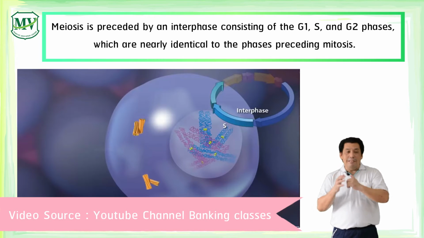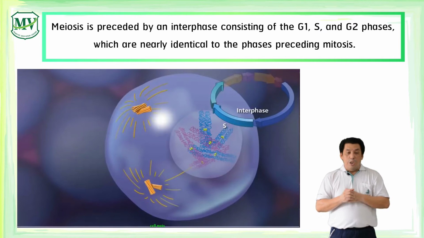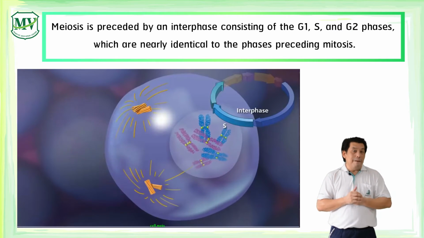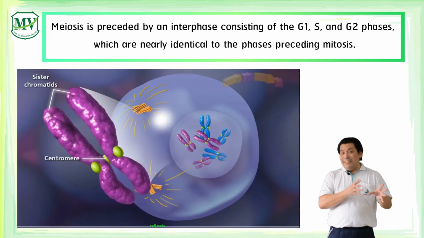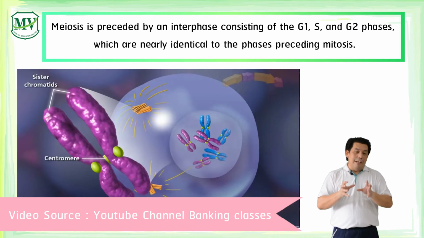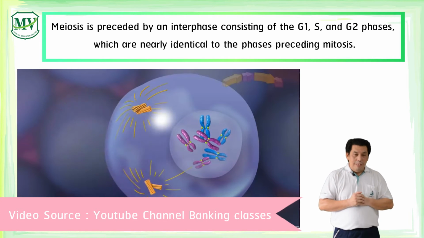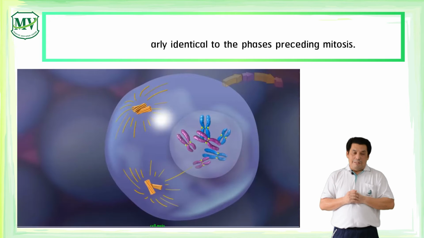The S phase is the second phase of interphase, during which the DNA of the chromosomes is replicated. Finally, the G2 phase, also called the second gap phase, is the third and final phase of interphase. In this phase, the cell undergoes the final preparation for meiosis.